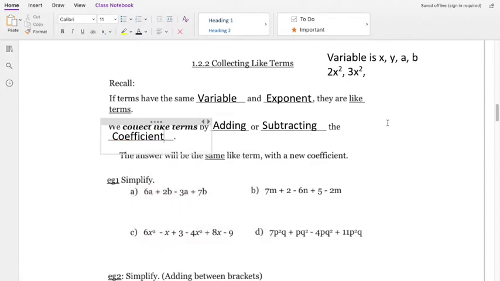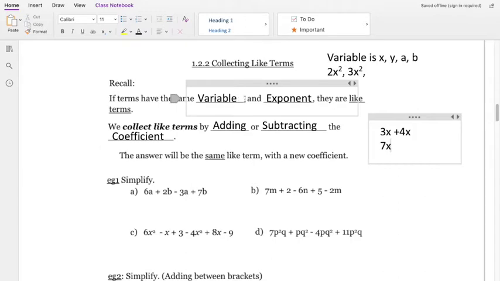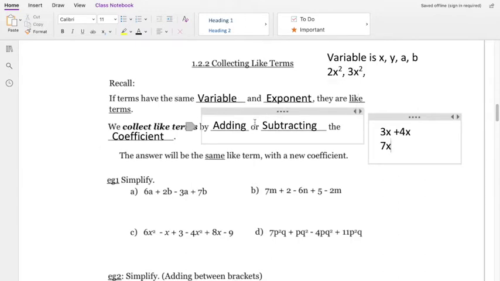So, in that case, if I had two like terms, let's say I had 3x plus 4x, by adding or subtracting the coefficient, which is just a number in front, that would be 7x, because I'm going to add 3 and 4. All right, so there's my note here. Same variable, same exponent. Then I'm going to add or subtract the coefficient.